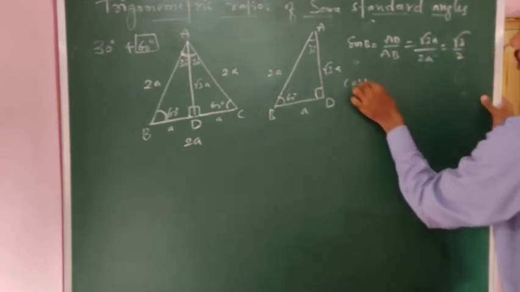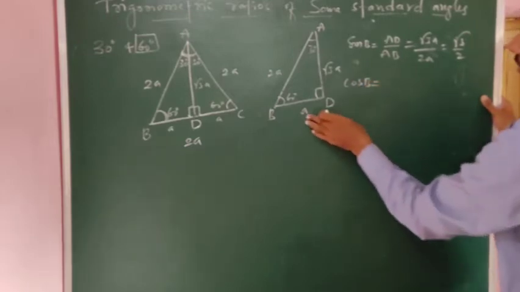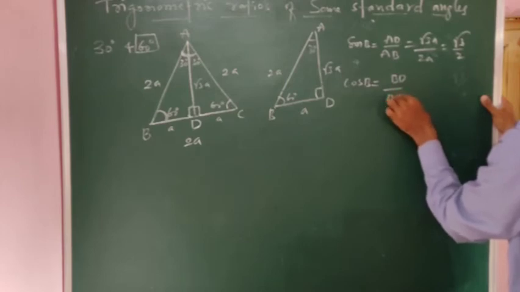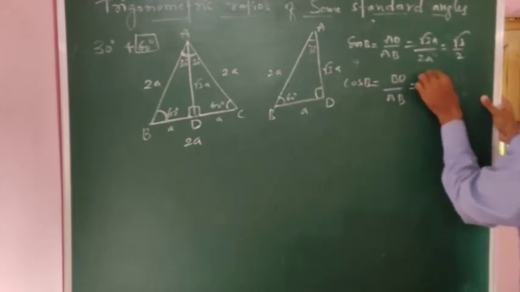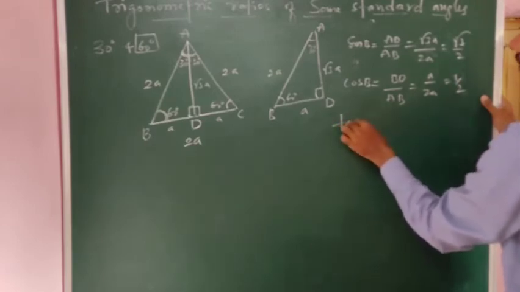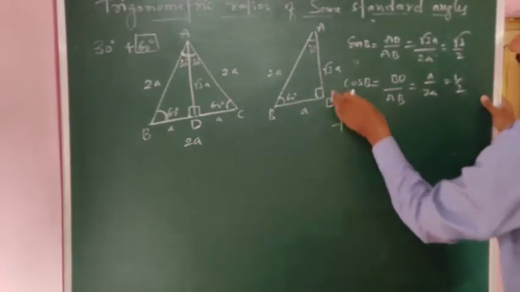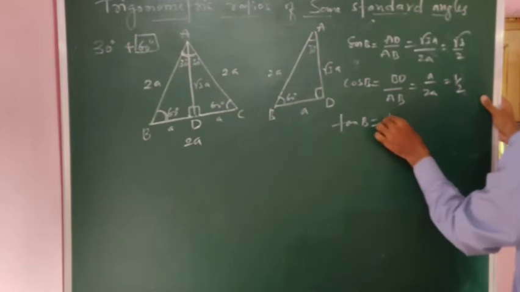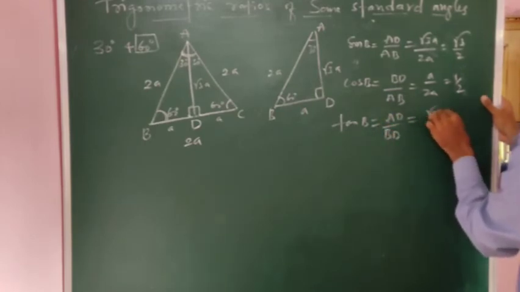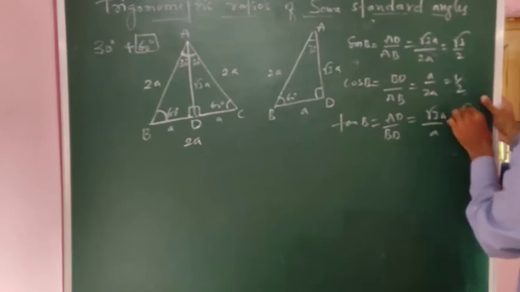Next, cos B is base by hypotenuse, BD by AB, that is A by 2A, which is 1 by 2. Next, tan B is perpendicular by base, AD by BD, root 3A upon A, which is root 3.